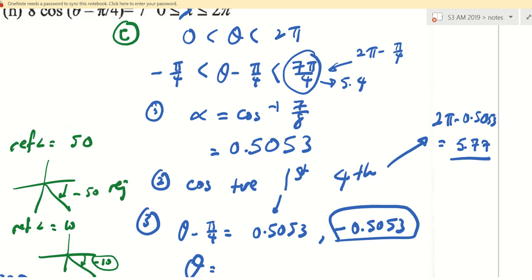So only when the angle is outside the range allowed, 5.7 bigger than 5.4, then you tell yourself maybe there's a negative angle that is hidden. There's nothing wrong with putting 2 pi minus 0.5053, but it's optional. If you write this, then the teacher says, wow, you're good, you understand this concept. But this doesn't come intuitively.